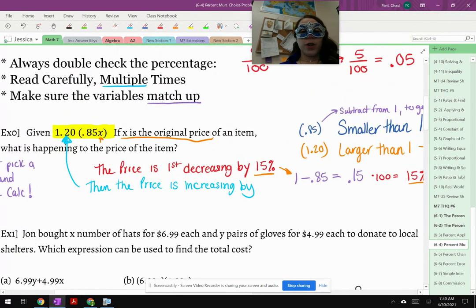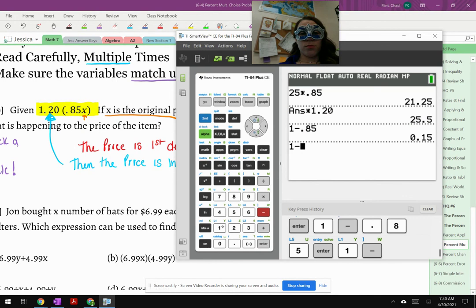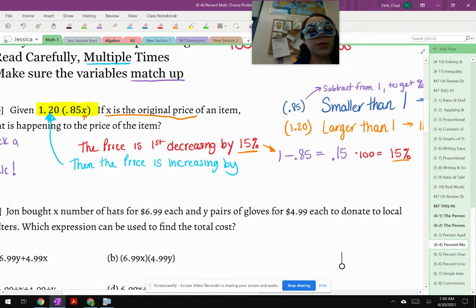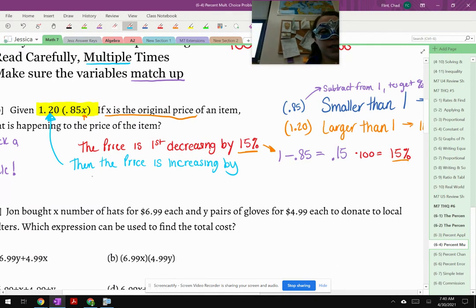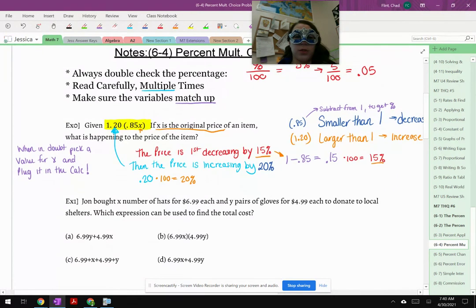So just like we subtracted from 1 here, we could essentially do the same thing, but you'd want to do 1.20 minus 1 because it's positive. Either way, you ignore the 1 and basically focus on that 0.20, multiply it by 100 to get that 20%. So the price is increasing by 20%. So you just have to be careful. You have to be very careful and read when you're doing these problems.